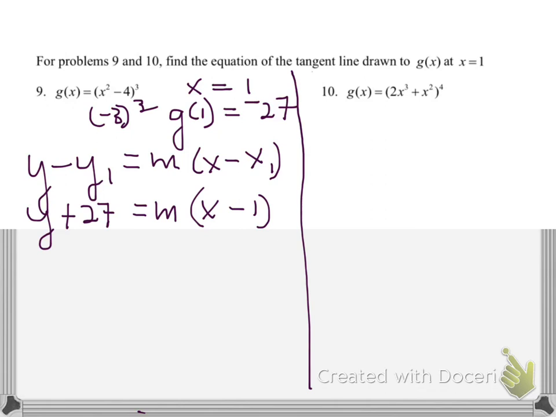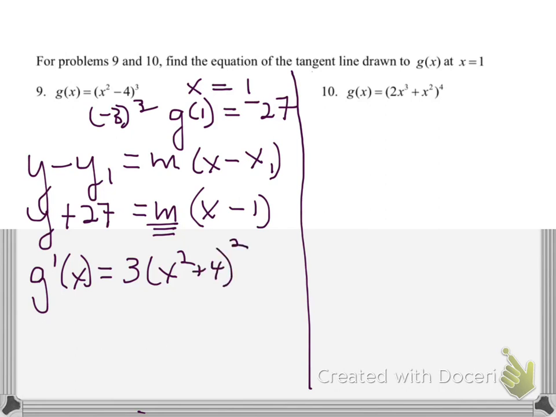All right, you are looking for slope. So now let's find it. g prime of x equals, okay, here comes the power rule. Don't forget to put your power back up. And you have the chain rule. So I'm just going to take a quick second and pull things to the front.